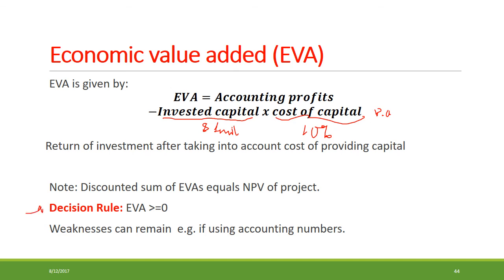So the decision rule here, given that this is a value estimate, is that it gives us a dollar value that the project generates every year. So if the project's economic value added is larger than 0, then we accept the project.